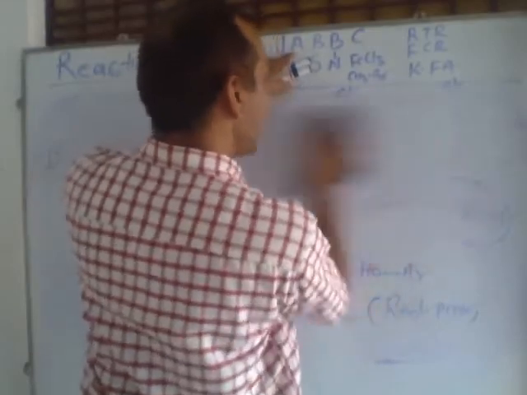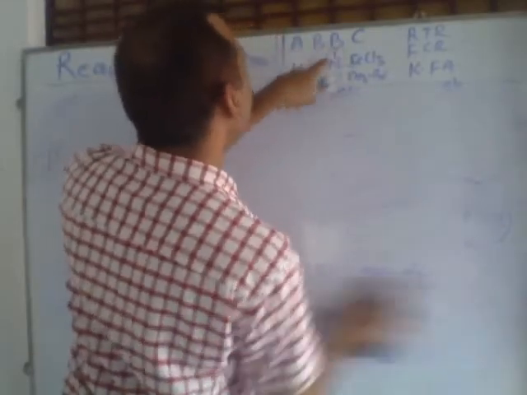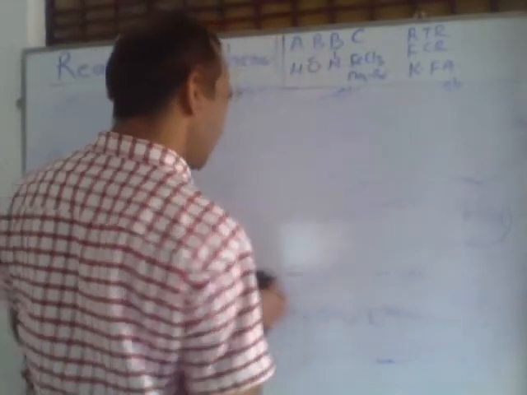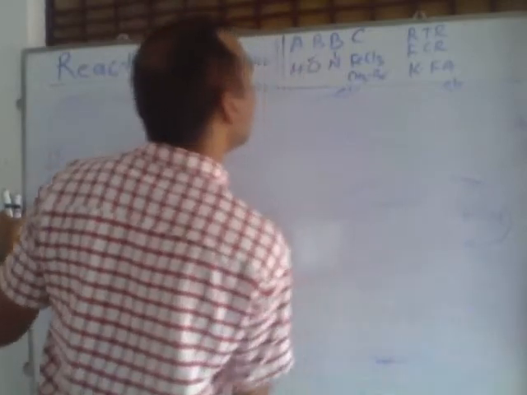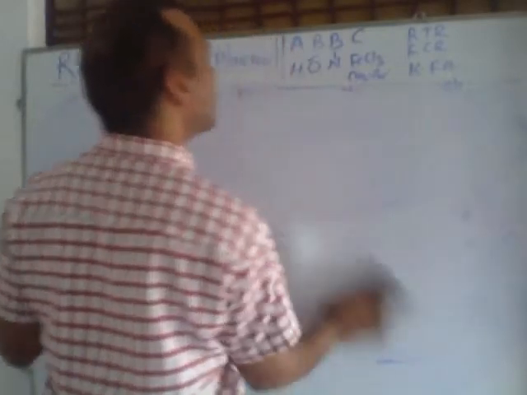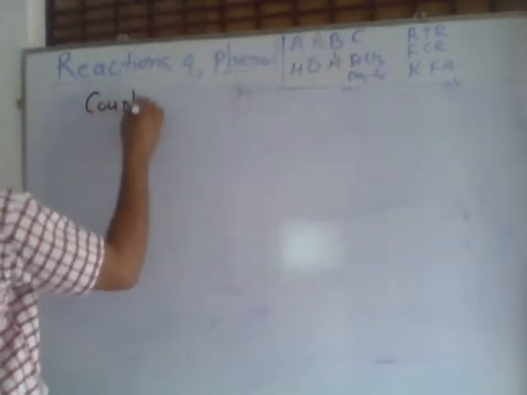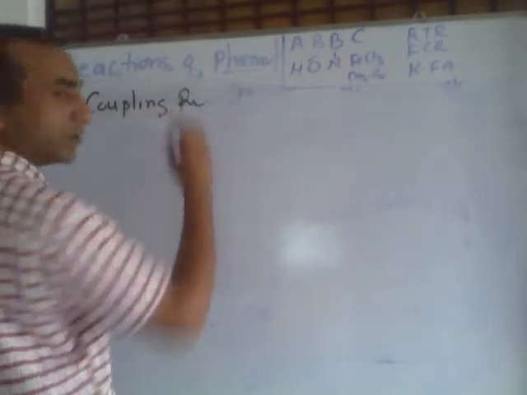Okay, so we have learned acidic nature, Bowman-Merton, bromination, hydrogenation, oxidation, nitration. One more important reaction is C. C stands for coupling reaction.